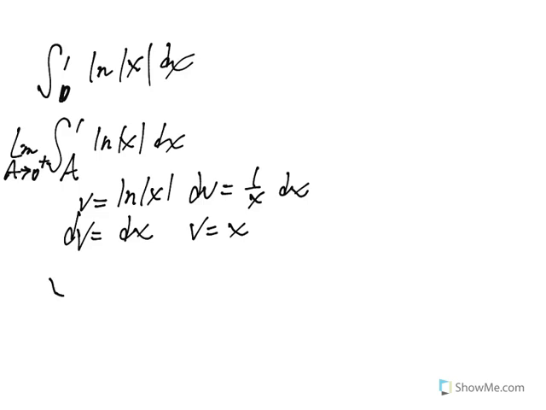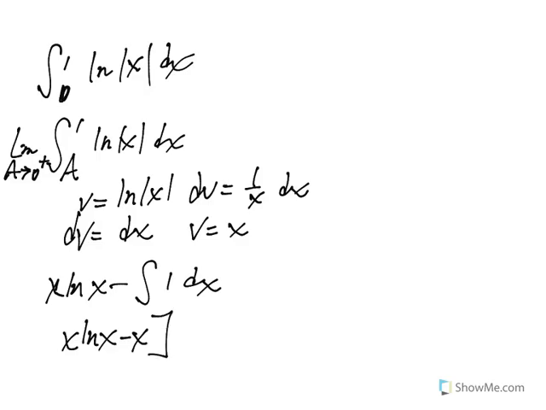So I've got u times v, that is x natural log of x, minus the integral of v du, that is going to be 1 dx. So I get x ln x minus x, evaluated from a to 1.